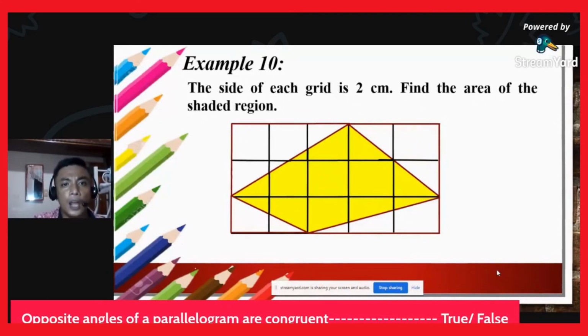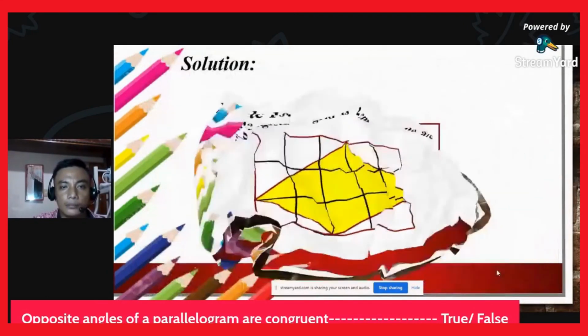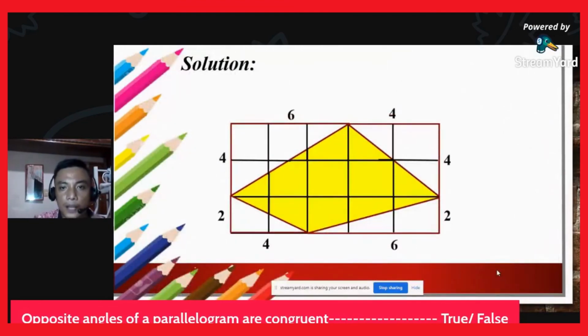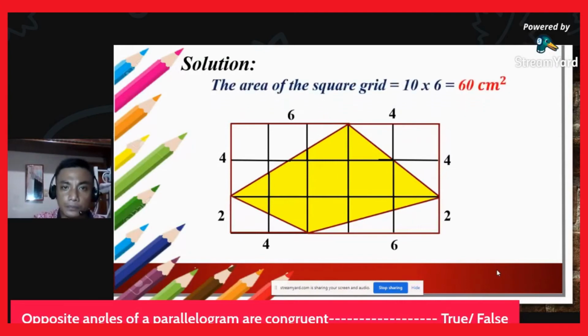From the figure, we could now say that these are the sides of the triangles that we could form. We actually have 4 triangles. But before that, what is the area of the square grid? Take note, that is 10 times 6.